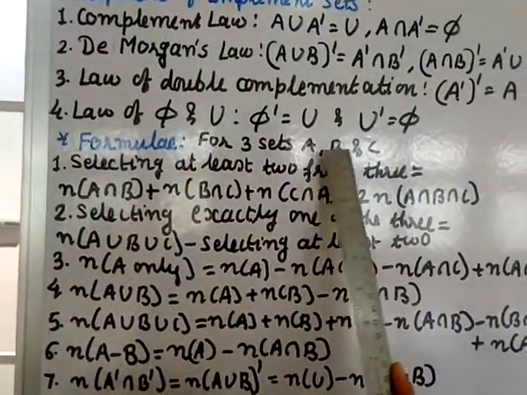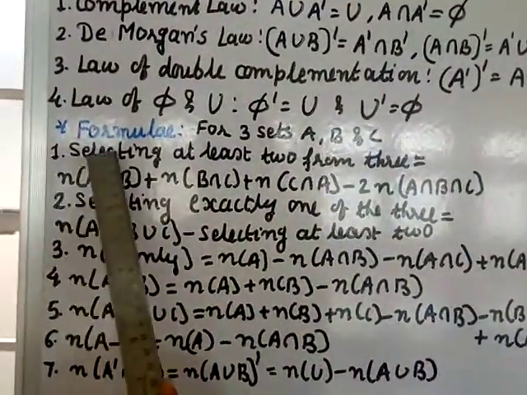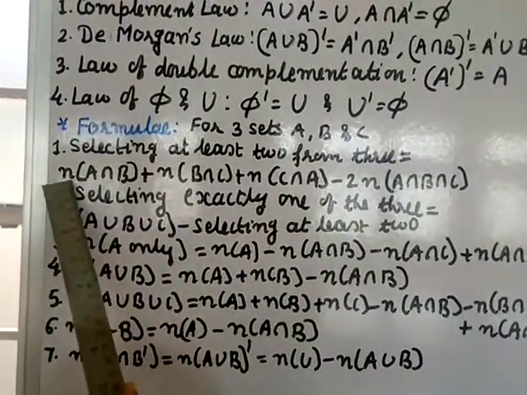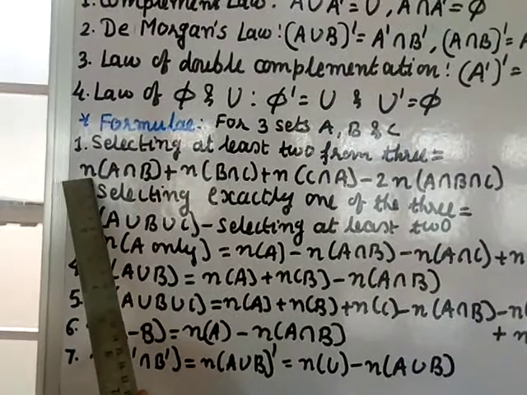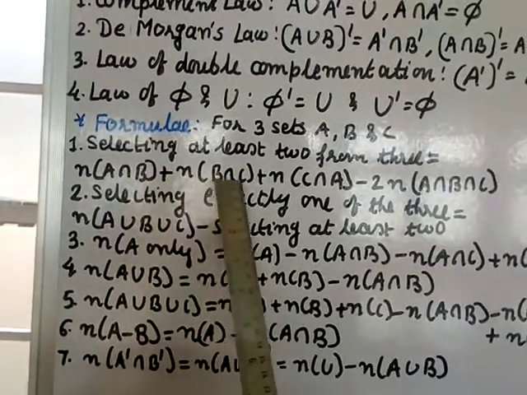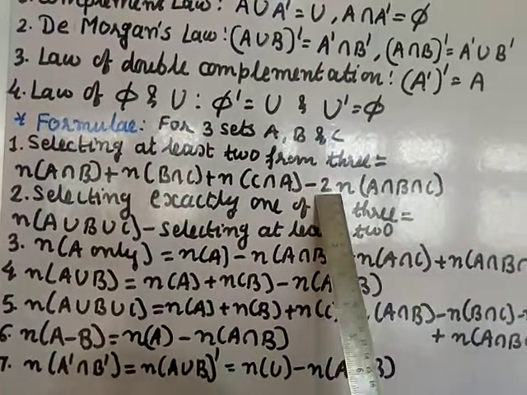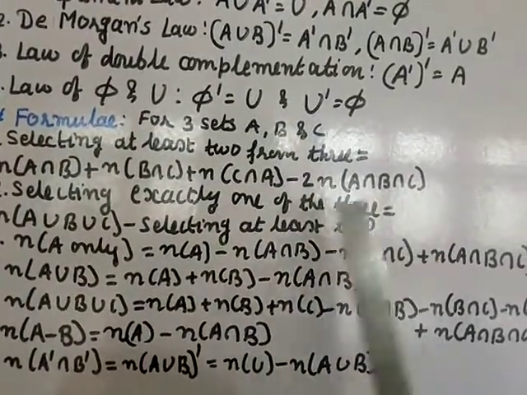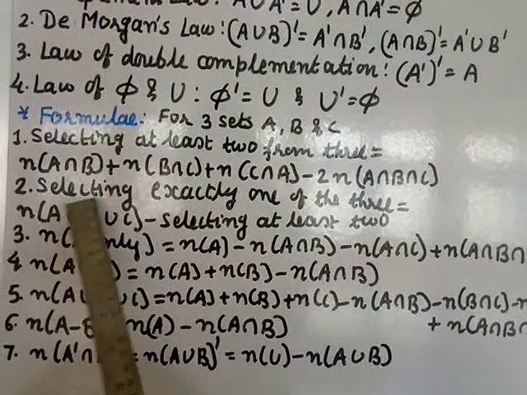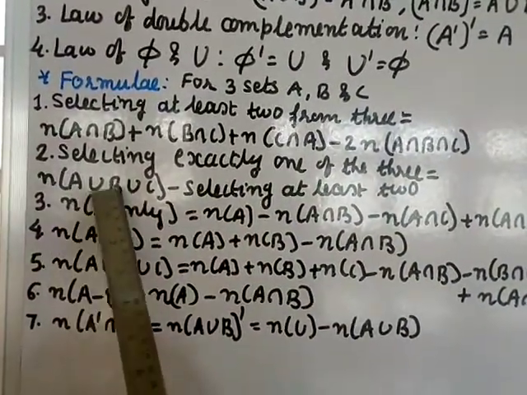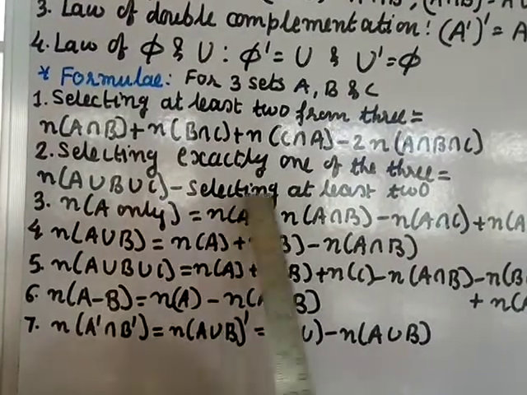For 3 sets A, B and C. Number 1, selecting at least 2 from 3. Then the formula is n of A intersection B, n means number of elements, plus n of B intersection C plus n of C intersection A minus 2 times n of A intersection B intersection C. Selecting exactly 1 out of the 3: n of A union B union C minus selecting at least 2.